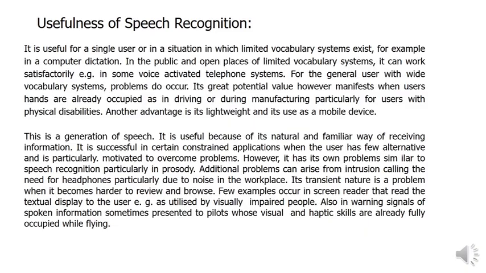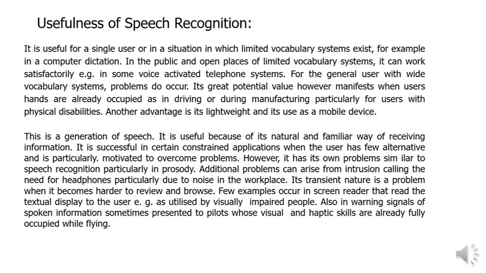Then the usefulness of speech recognition. It is useful for a single user or in a situation in which a limited vocabulary system exists.